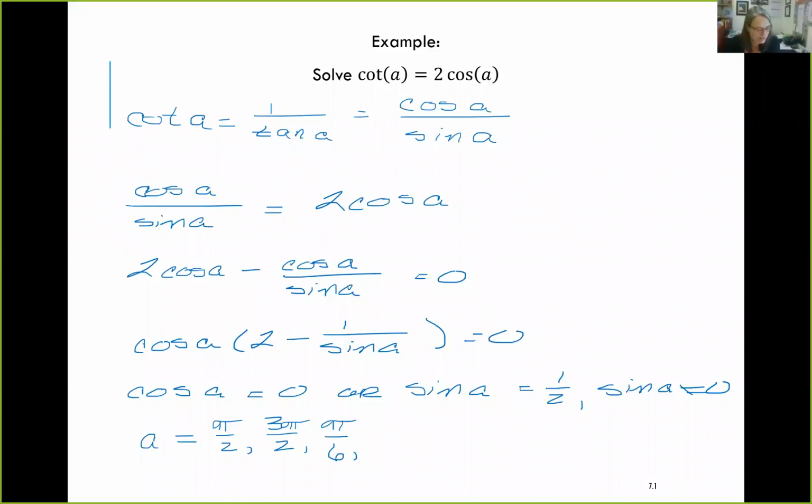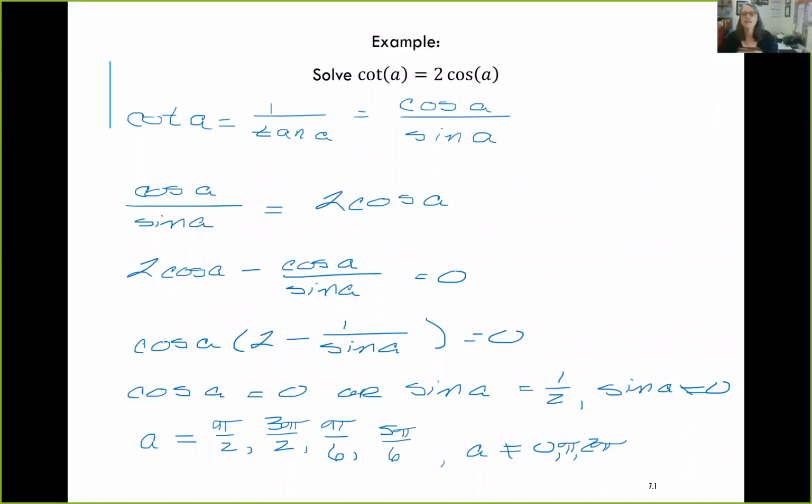And at 5 pi over 6. And A cannot be 0 or pi or 2 pi.